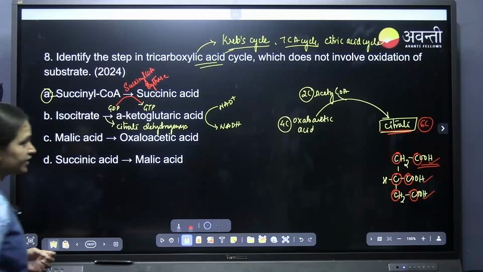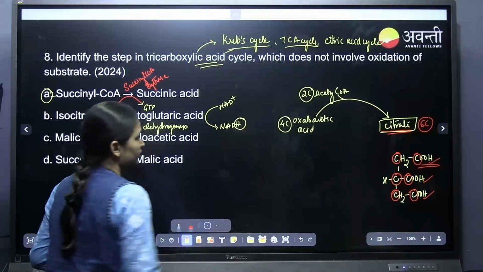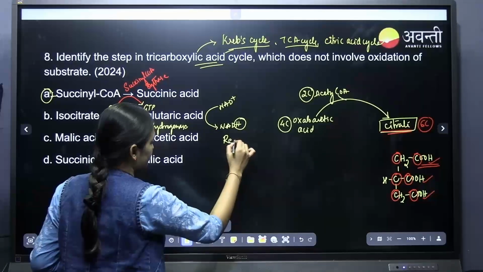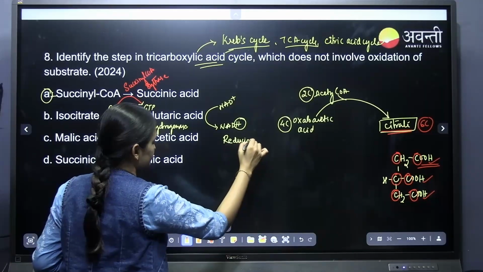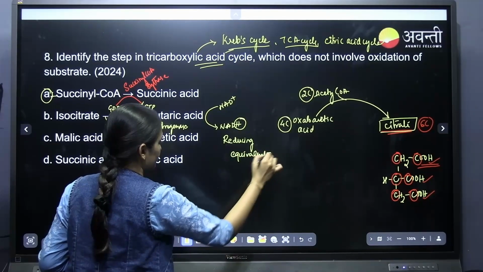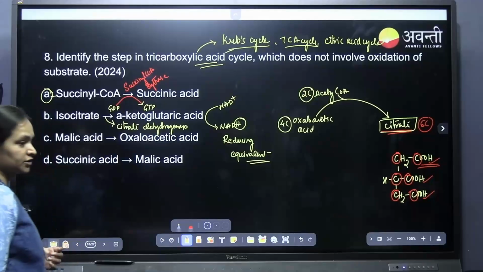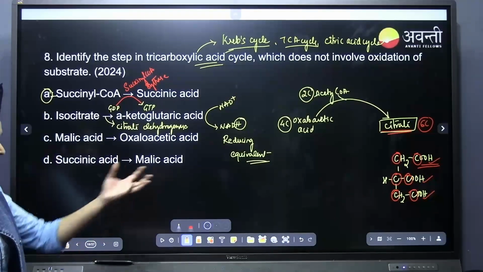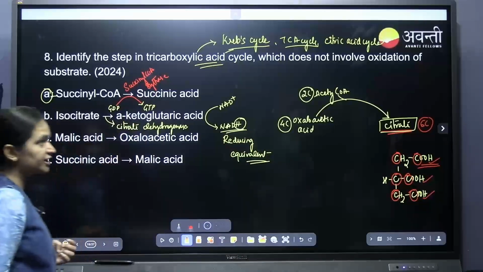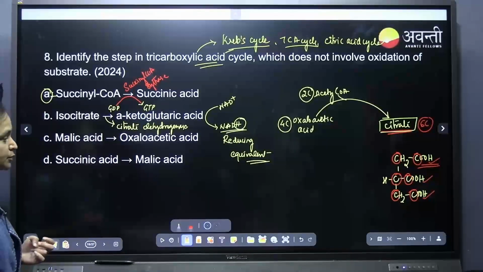So, anyway, see, addition of hydrogen has taken place. So, this is a reducing equivalent, right? The oxidation of substrate has happened. From the system, the hydrogen is taken by the NAD. So, here anyway the oxidation has happened.